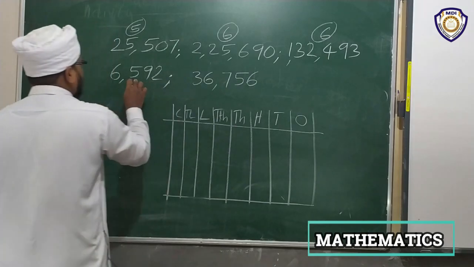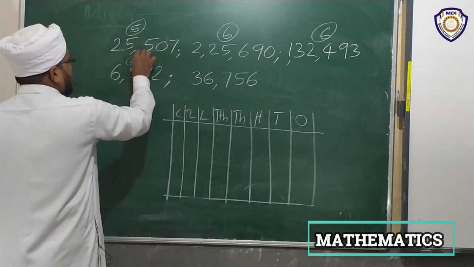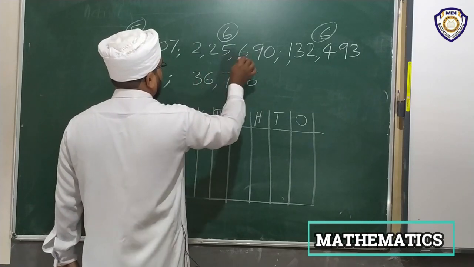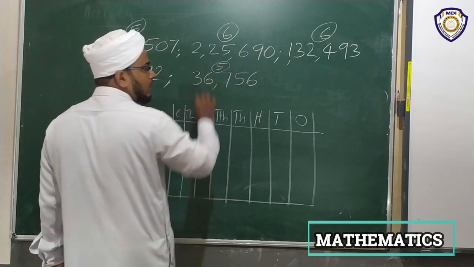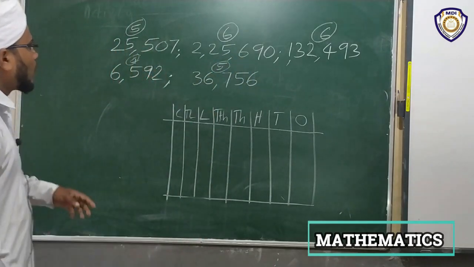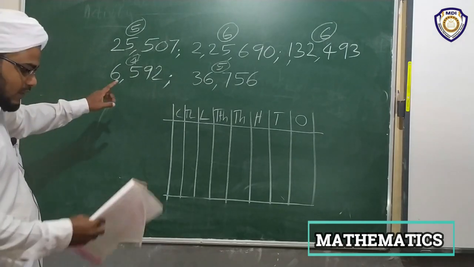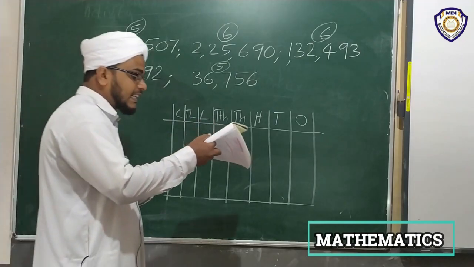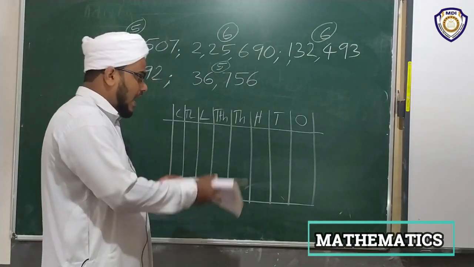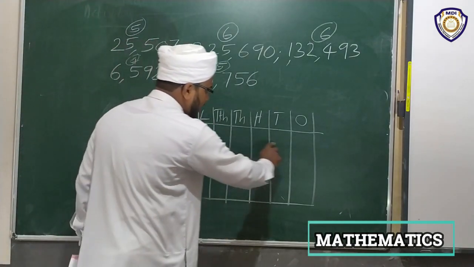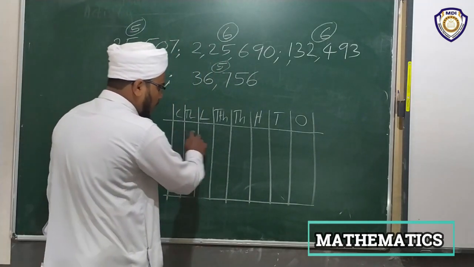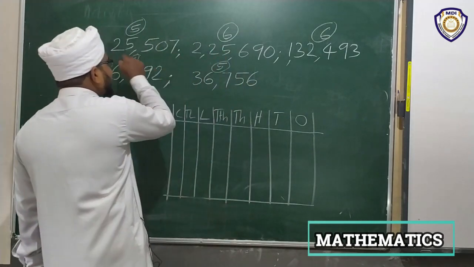Here 4 digits. Here 5 digits. So the first step is that the number with the least number of digits is written at the top, in the place value table.